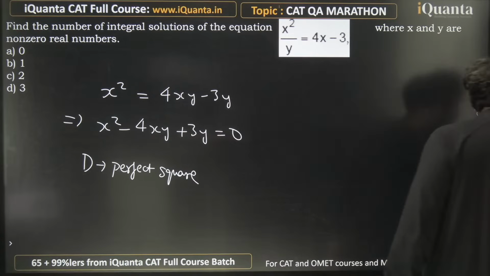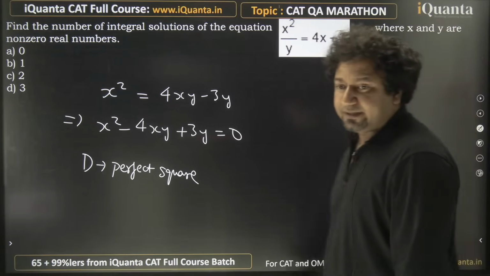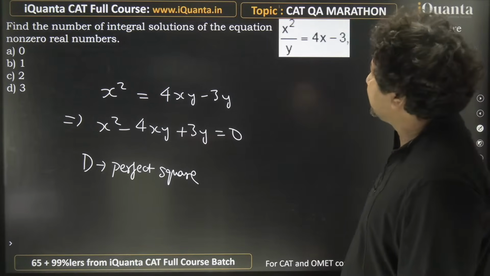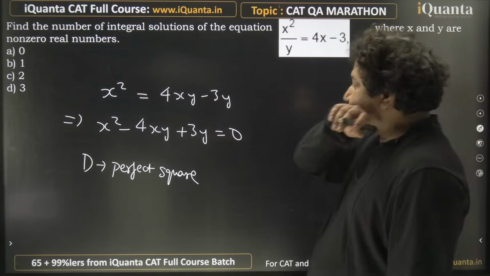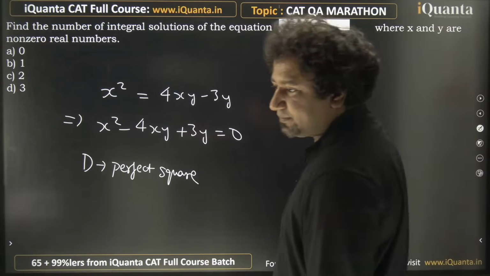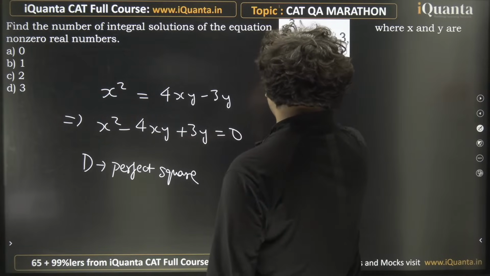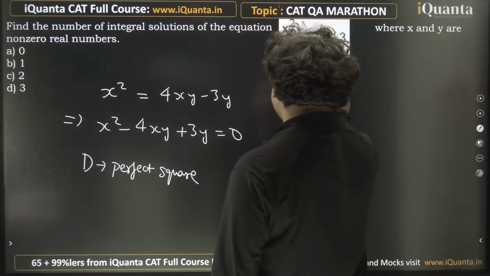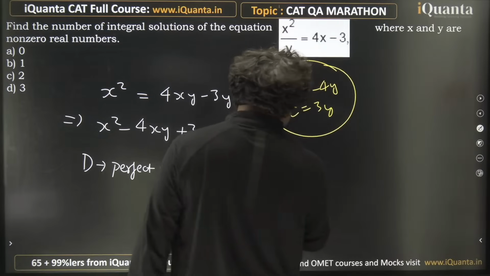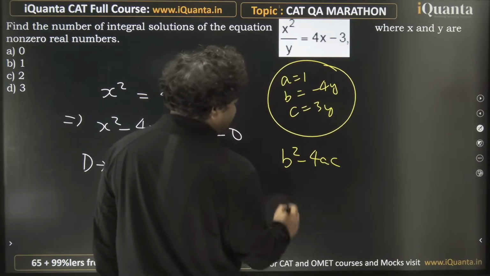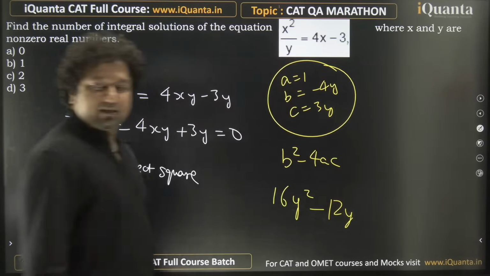For any quadratic expression, discriminant is a perfect square whenever we have integral solutions. So A here is 1, B here is minus 4y, and C is 3y. So basically, B square minus 4ac must be a perfect square. So 16y square minus 12y must be a perfect square.